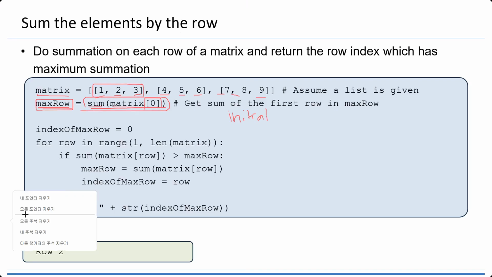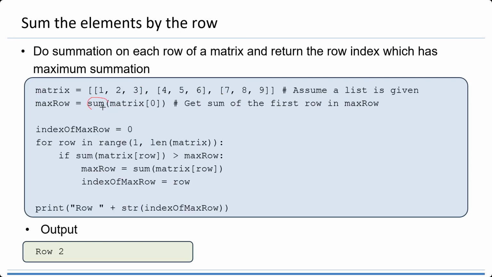Do you still remember the function sum? Yesterday we learned that if we have an array and we use sum, it means we do the summation of all the elements. So 1 plus 2 plus 3. This is the summation of index 0 on the variable matrix.